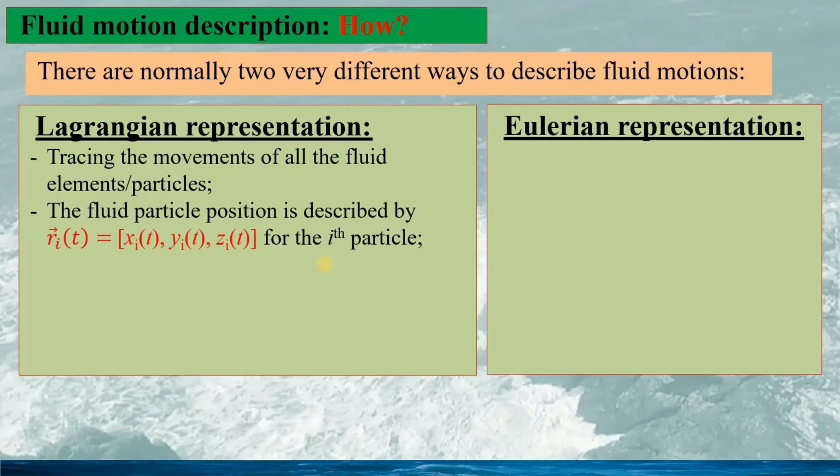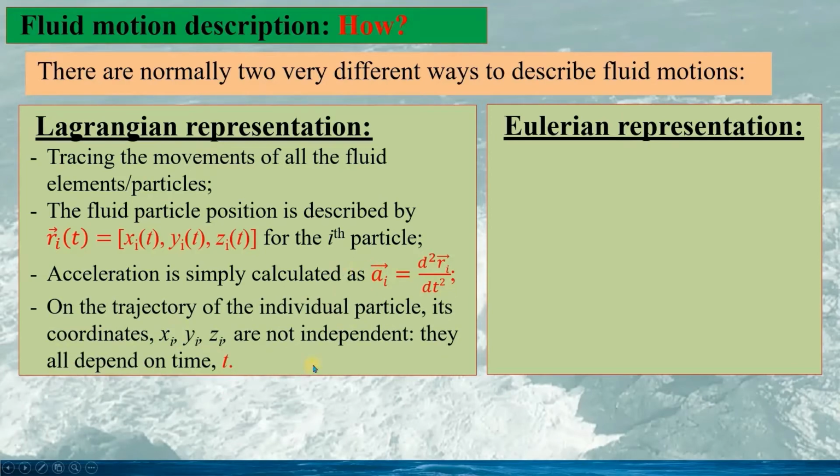The fluid particle position is described by the vector r(t) with the three coordinates x, y, and z for each particle. And in the Lagrangian representation, the acceleration is simply calculated as the second order differentiation of the position vector r with regard to time.